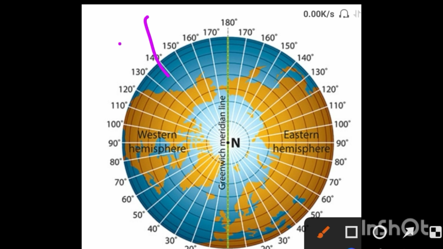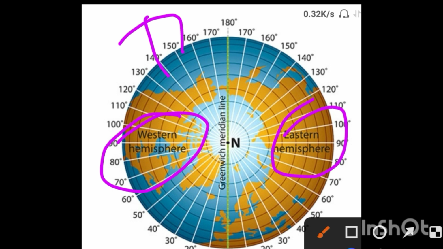You will see the back of the western hemisphere again, after 190 degree, 200 degree, 210, and so on. Again the same for the eastern hemisphere. So in total it will be 360 degree.